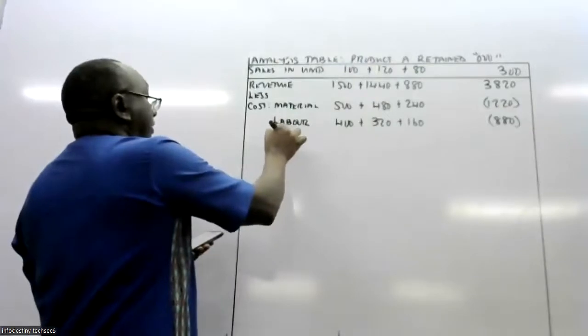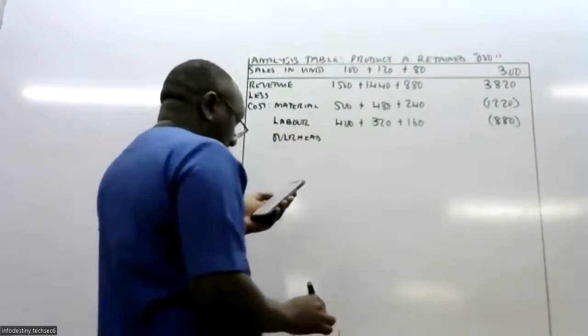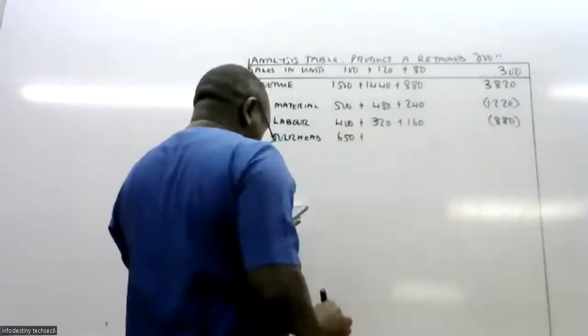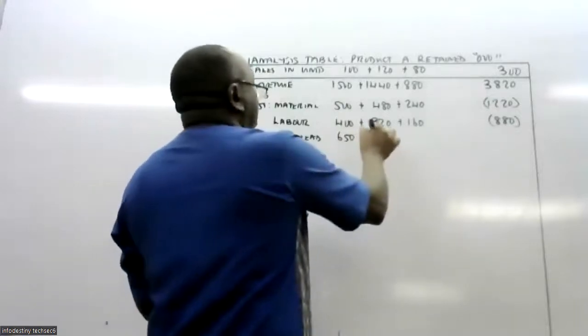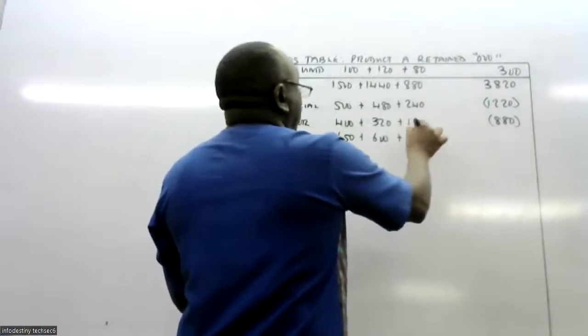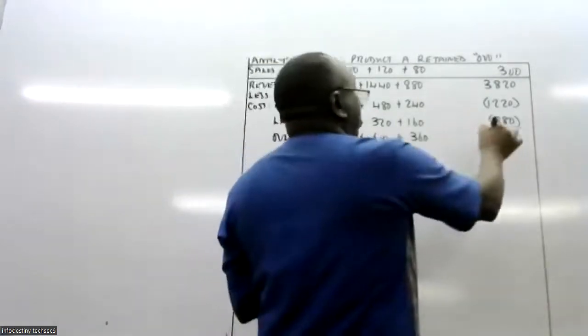Kuja kwa overheads. Overheads tuko na 650 plus 600 plus 360. 1,610.